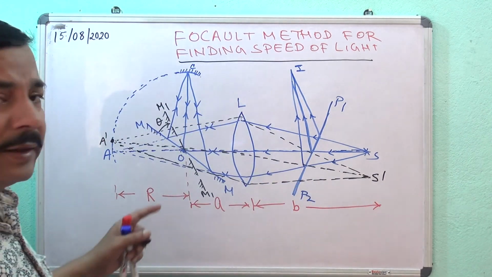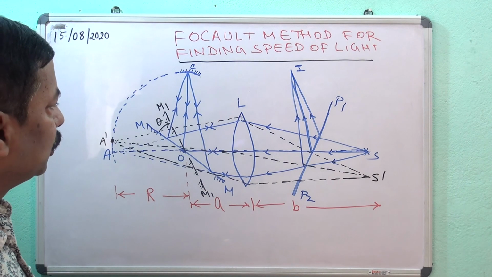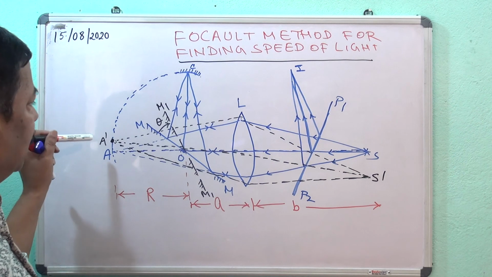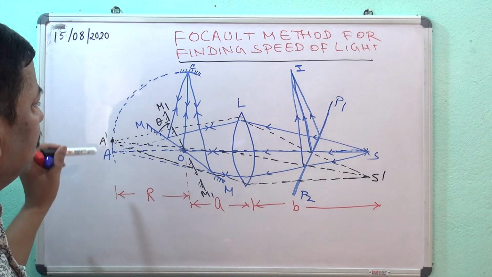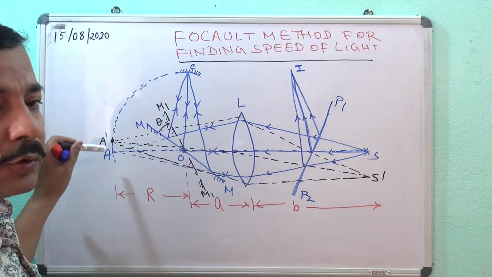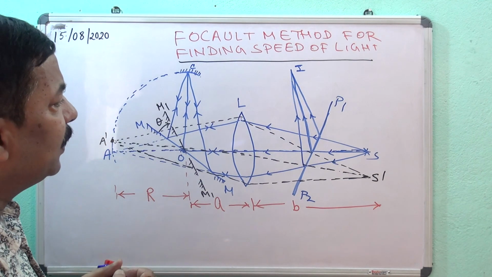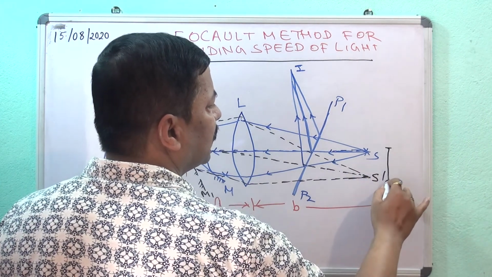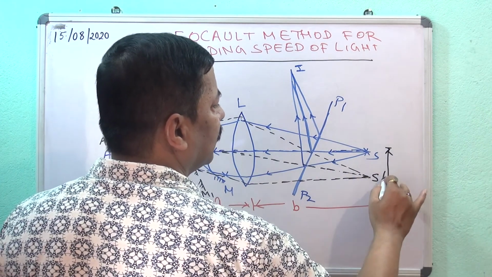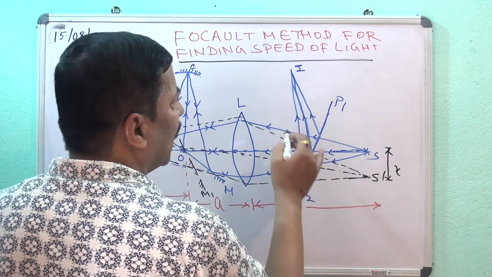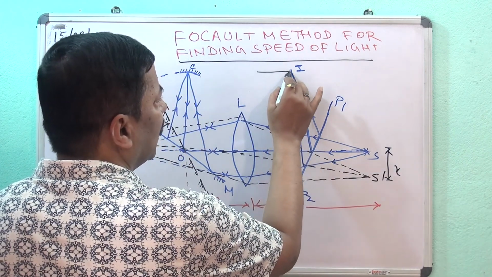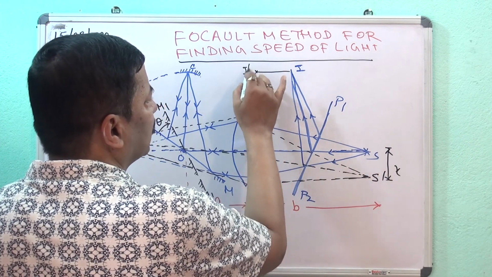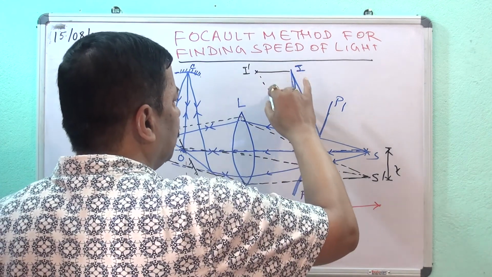Now you see, when the plane mirror is rotated, I have shown you the position of the mirror by the dotted line, and here A dash is behaving like a virtual image, and in this return process, whatever is this distance, the same distance, if we consider this distance as x, at the same distance here you will get the image I dash.